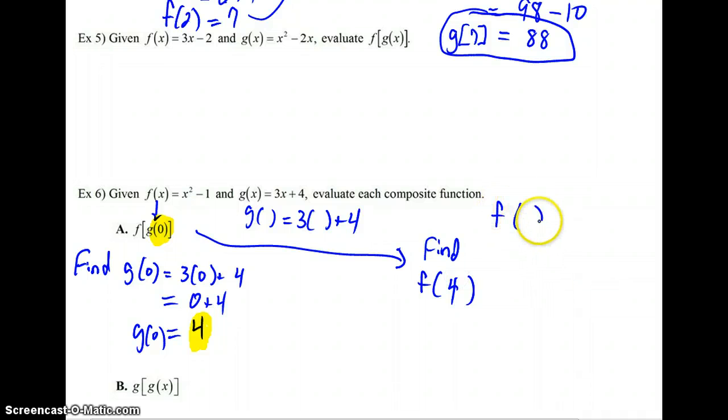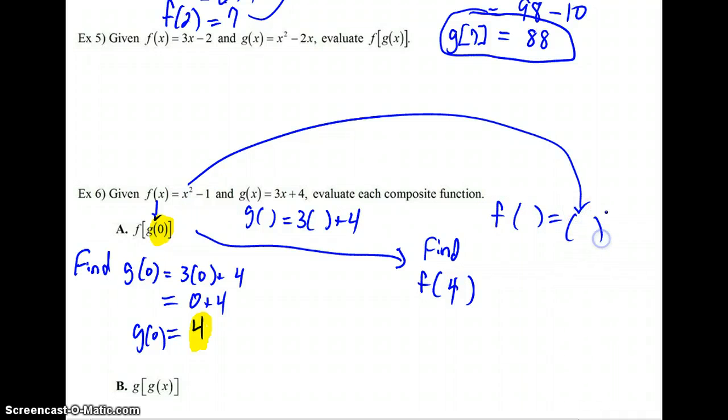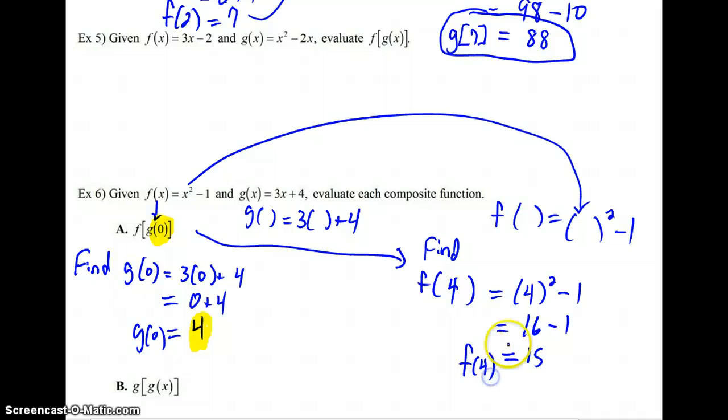Now, f of a blank, we can come back over here, is blank squared minus 1. So plug in a 4 into this blank. 4 squared is 16. 16 minus 1 is 15. And again, don't divide by 4. This is just your final answer of 15.